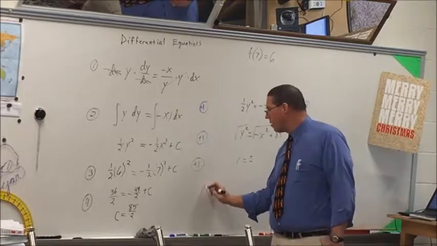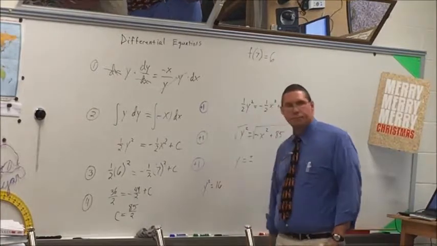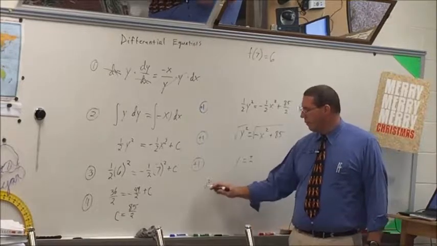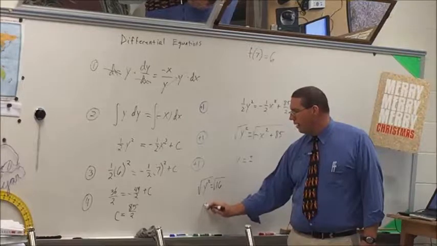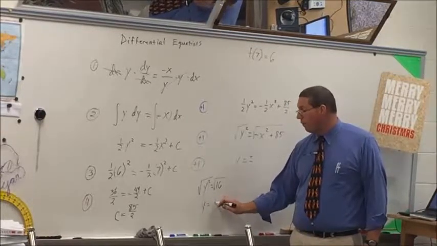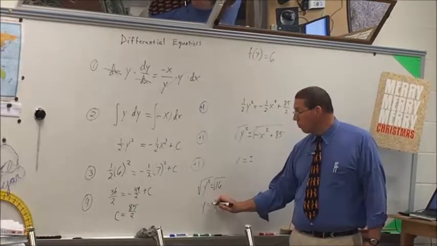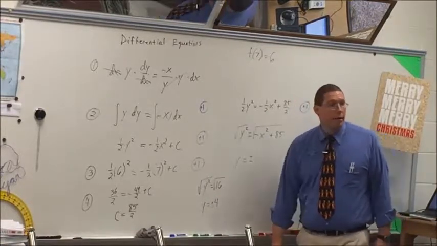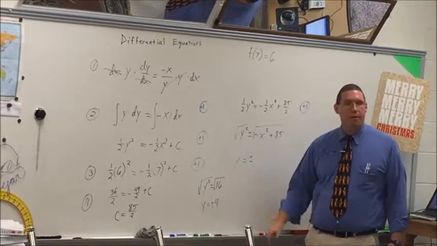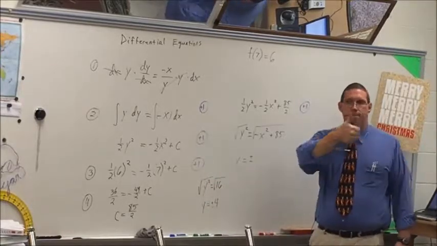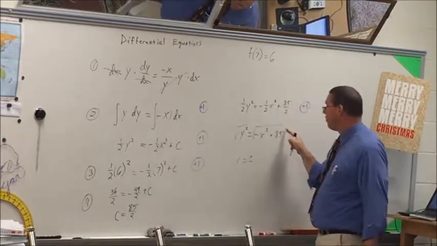If I had y squared equals 16, and I take the square root of both sides, is y just equal to 4? No, it's equal to plus or minus 4, right? If y was negative 4, squared would also be 16. Are we good? Okay, so we have to put a plus or minus in front of this square root.